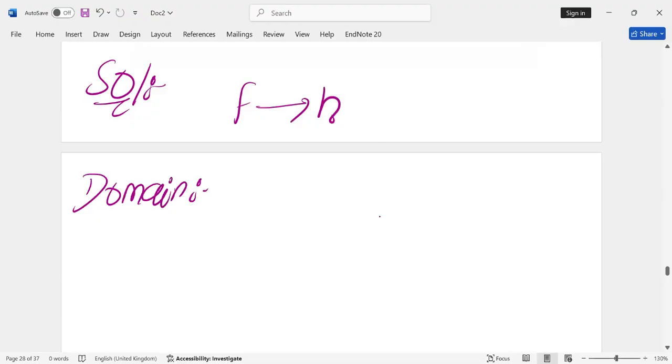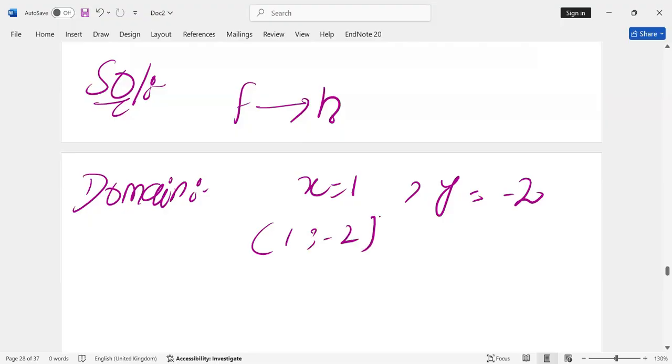This means that the asymptotes must remain at x equals 1 and y equals minus 2, which is the center of the hyperbola, and the transformation must map the point (1, minus 2) onto itself. And the second thing is that the derivative h prime of x is negative.